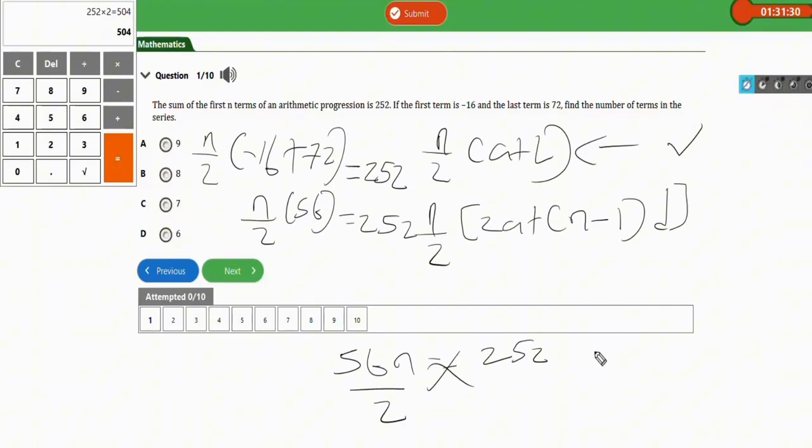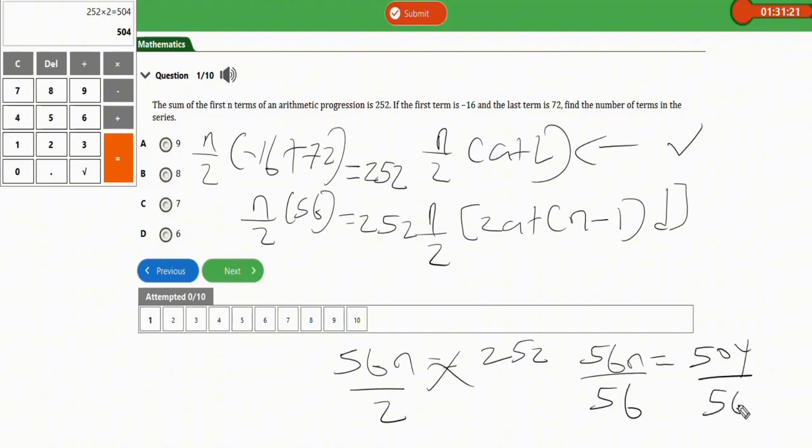So right now we have 56n equals 504. Divide both sides by 56 to get the value of n. You punch in the calculator 504 divided by 56, and we have the output to be 9. The correct option for this question is option A. 9 is the answer. It's as simple as this.